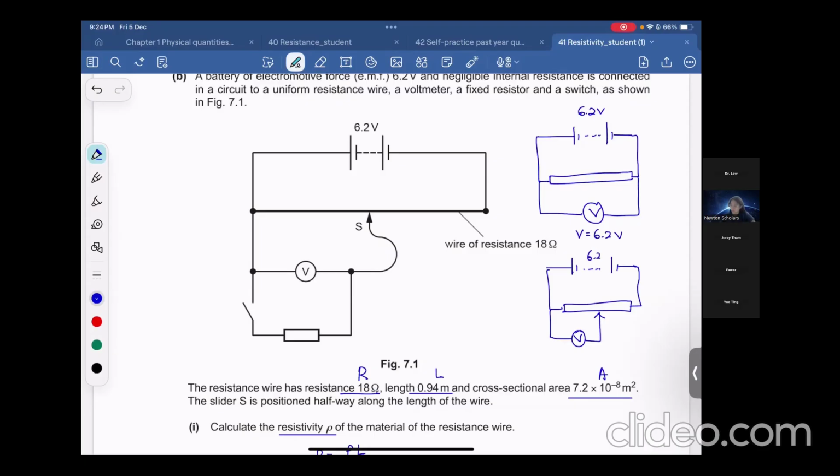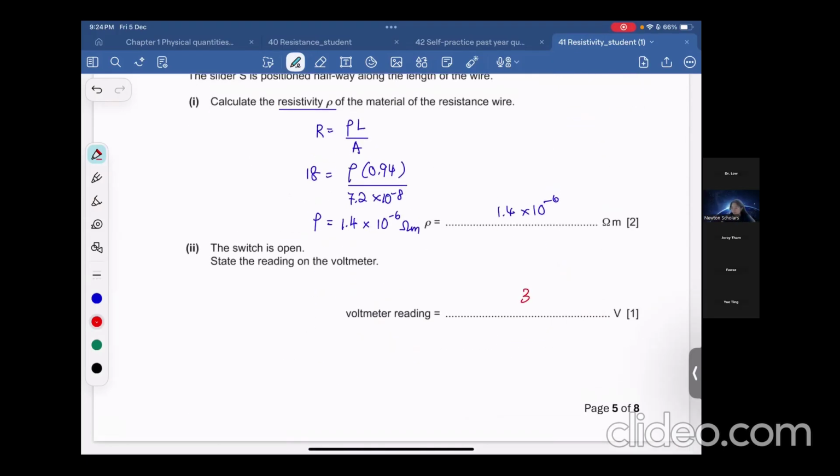So the 6.2 volt here becomes half of it. The length becomes half, that means it will receive half of the volt. So here it also receives 3.1 volt. So for your voltmeter pointing at the half, it will read 3.1.